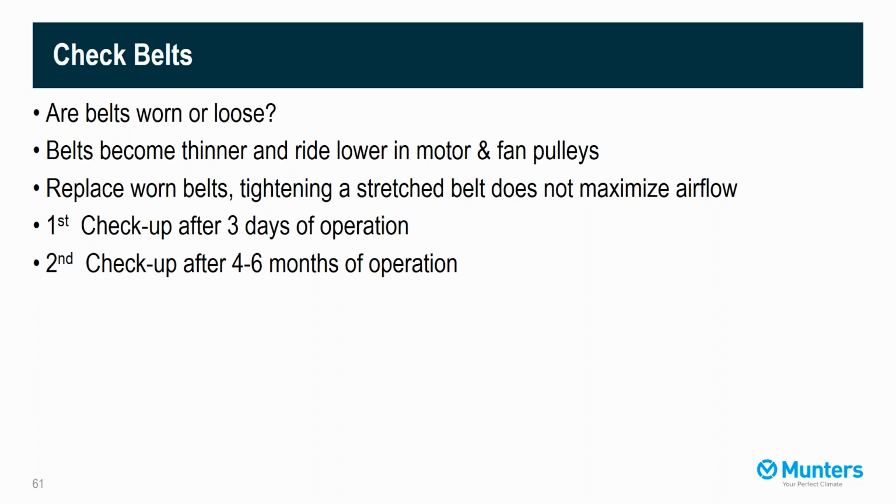Belts may become thinner as they ride down in the motor and fan pulleys. Replace worn belts. Tightening a stretched belt does not maximize airflow. After you replace a belt, you want to check it after 3 days of operation, and then you want to do a follow-up checkup at 4 to 6 months.